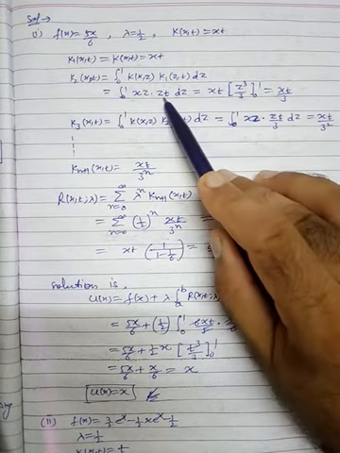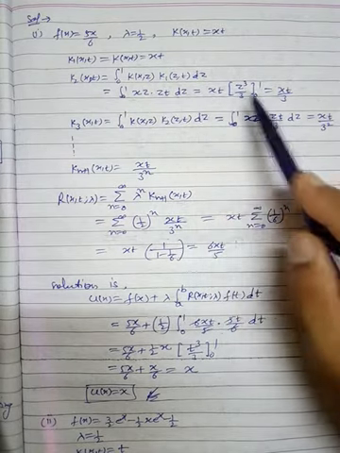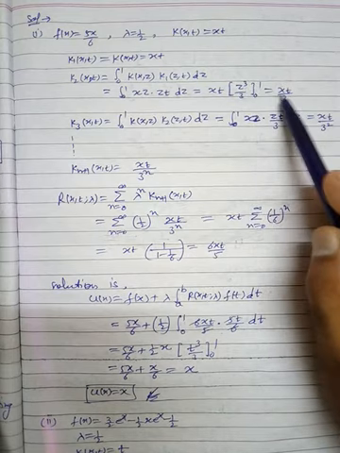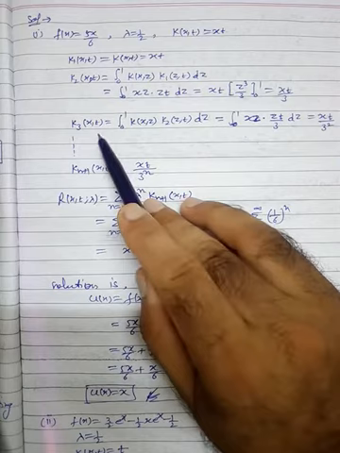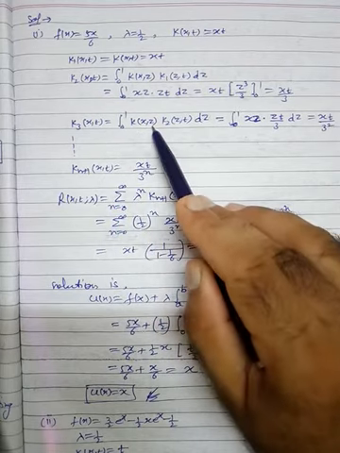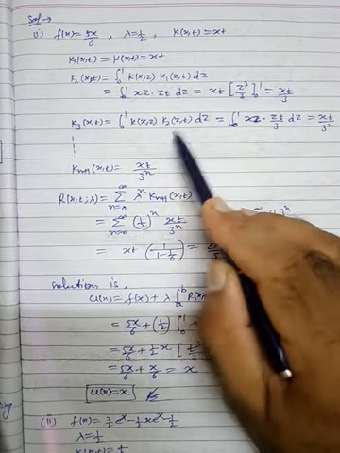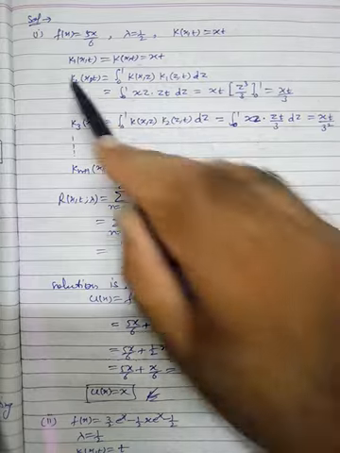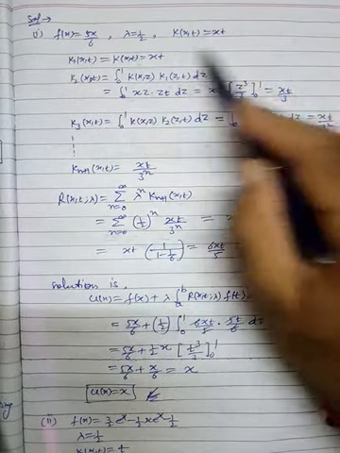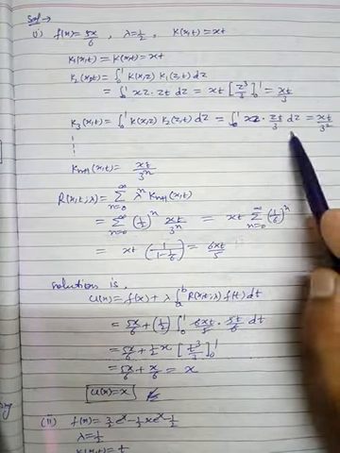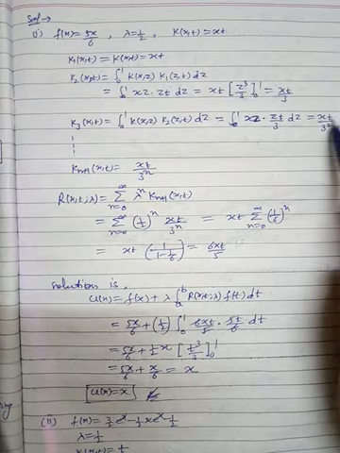Then z squared is here, integrating it gives z cube by 3 from 0 to 1, so we get xt by 3. Similarly K3(x, t) is equal to the integral from 0 to 1 of K(x, z) K2(z, t) dz. Substitute the values and then integrate, so we get xt by 3 squared.